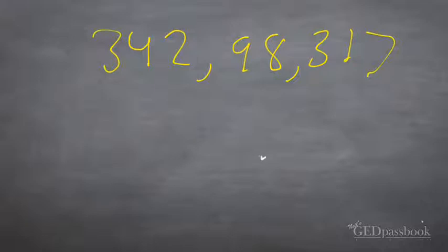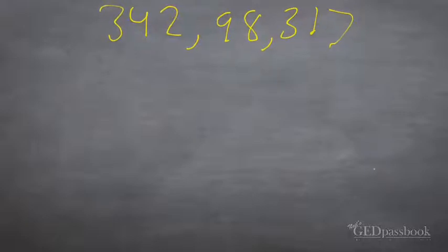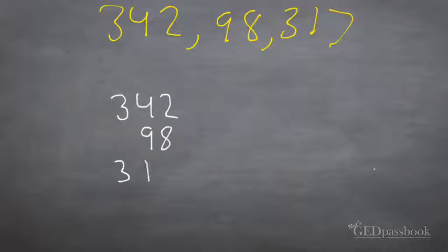So it looks like this. $342, $98, $317. Do you see all my ones place aligned? I aligned it, right? You could add an extra 0 there for the 98 because I told you there's an invisible amount, right?